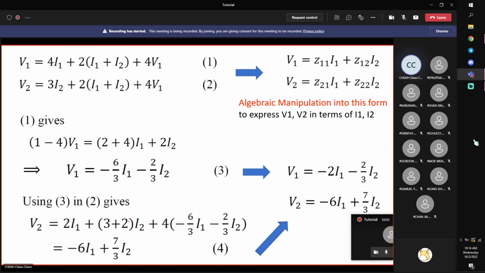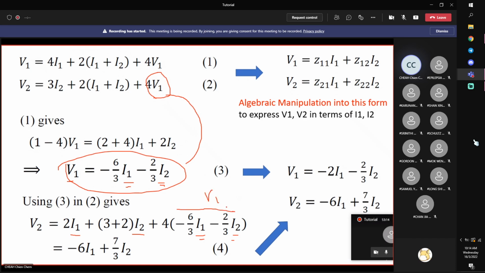After that, everything will be in terms of I1 and I2 only, because V1 can be expressed in terms of I1 and I2. This means that by substituting this into here, I can get this. This is my V1. After that, simplifying it carefully by grouping I1 and I2 together, I can get the next equation.